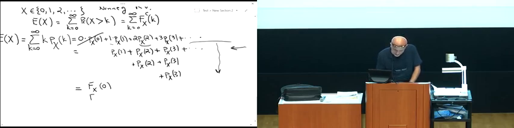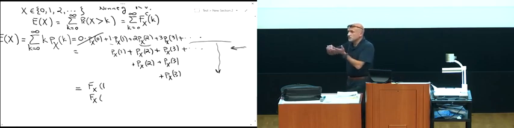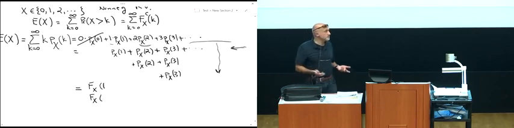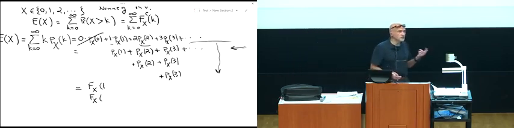The second row is F x of, right? Look at this row here. Oh, I'm sorry, F x of 1. I'm adding up all the probabilities of x taking on the value 1, 2, 3, 4. Well, that's the complementary distribution function at 1.